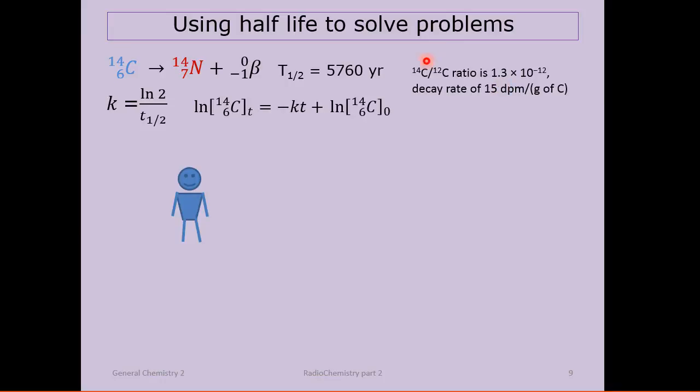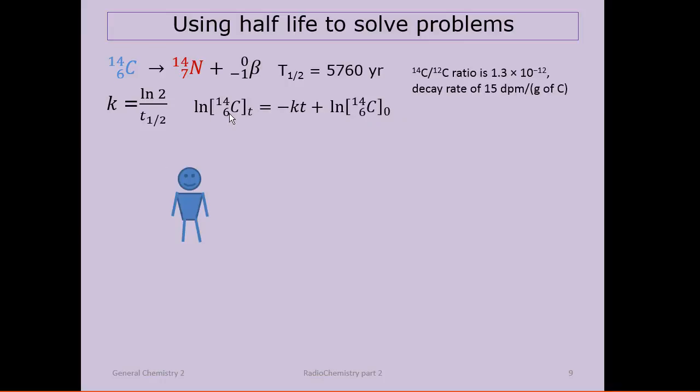And so the nice thing about this is if you randomly take a sample of carbon that's currently alive, it has a fairly constant decay rate of 15 disintegrations per minute for every gram of carbon. And again, you can measure that with the Geiger counter.